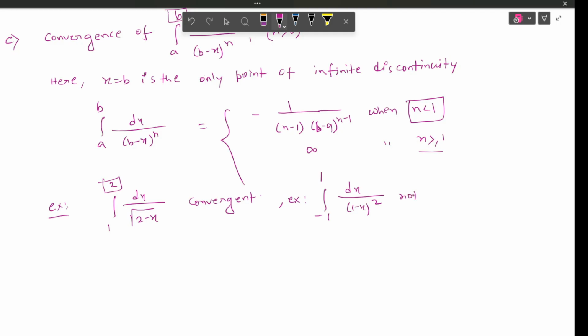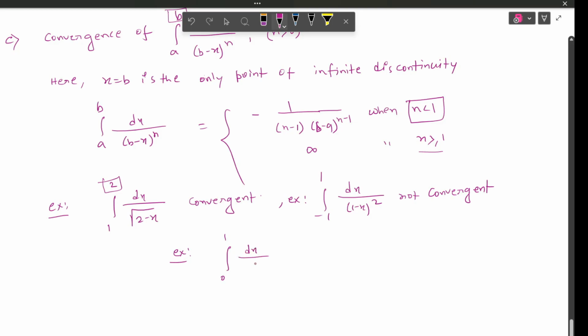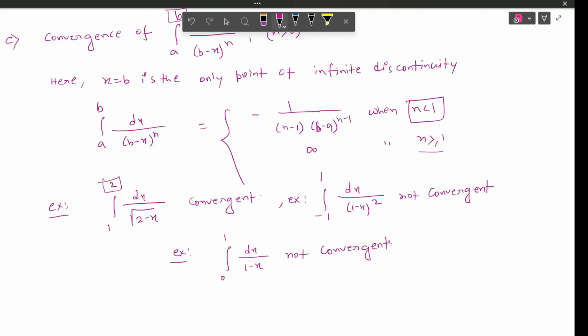It is not convergent. Let us take another example. Let's say we have integration 0 to 1 dx by 1 minus x. It is also in the same format, b minus x to the power n. Here n is 1. So it is also not convergent.